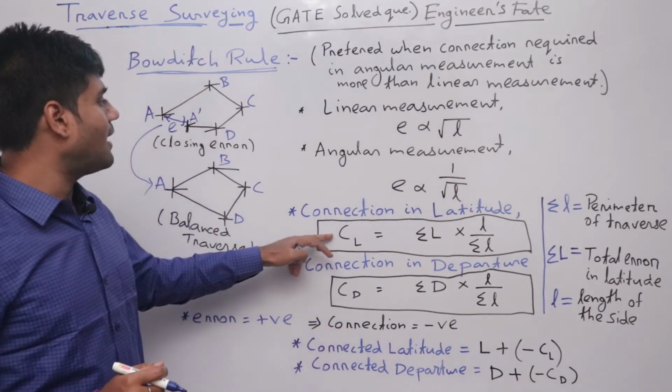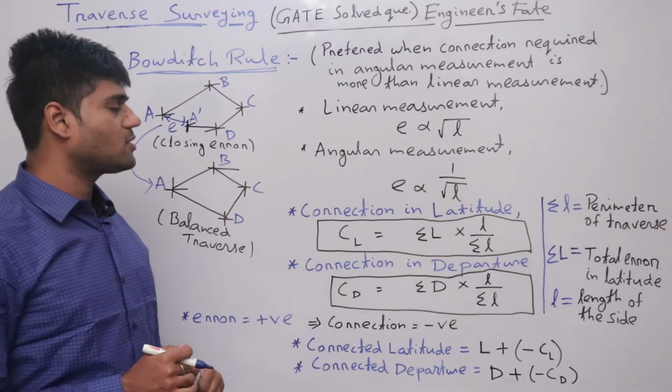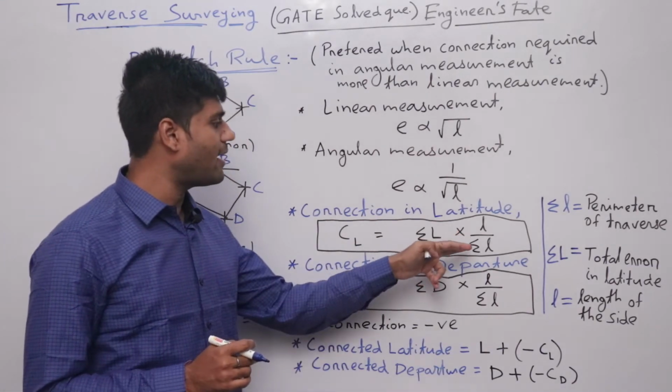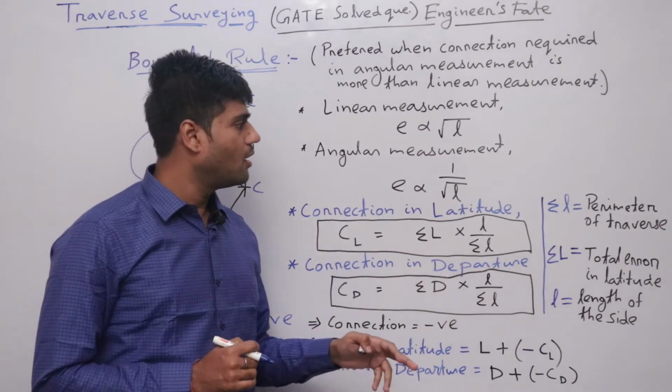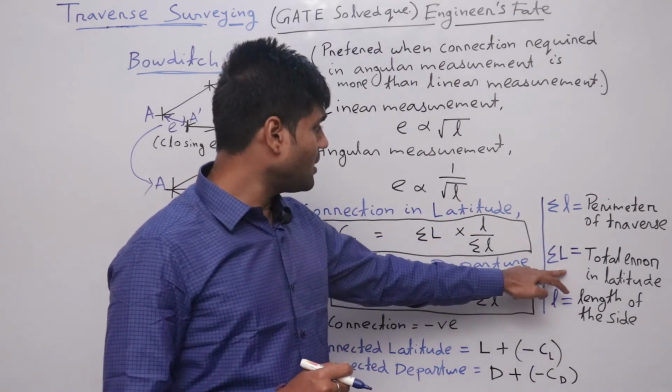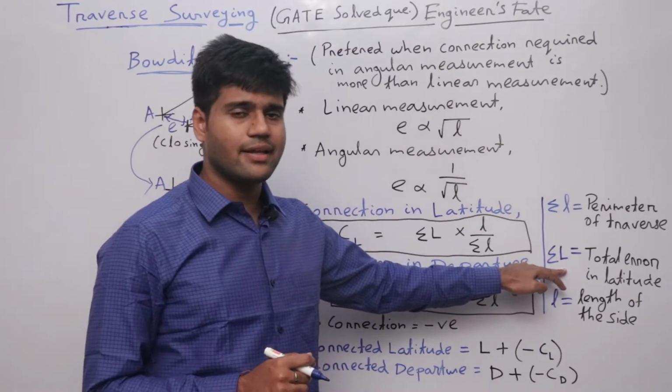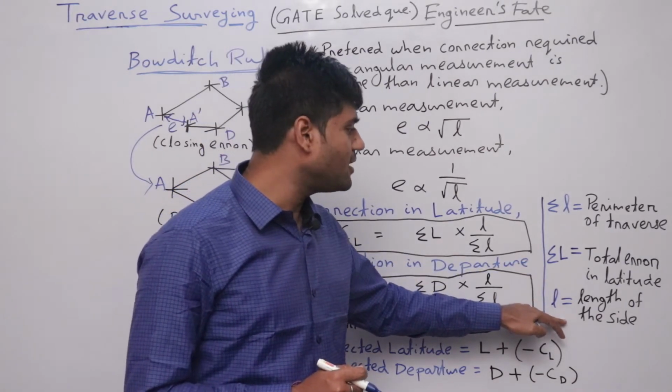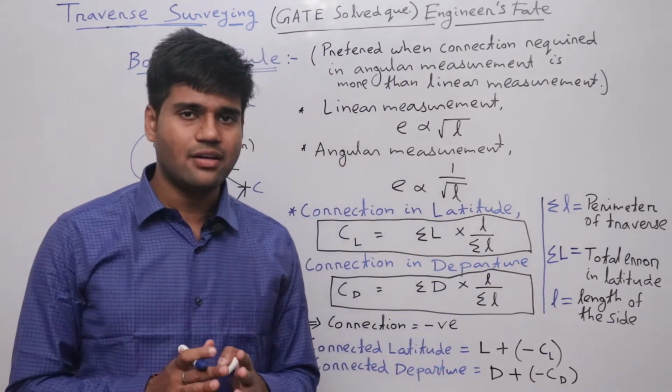So correction in latitude CL is given by summation of L into L by summation of small l, where small l is the perimeter of the traverse, summation of L means total error in latitude, and L means the length of a side of a traverse.